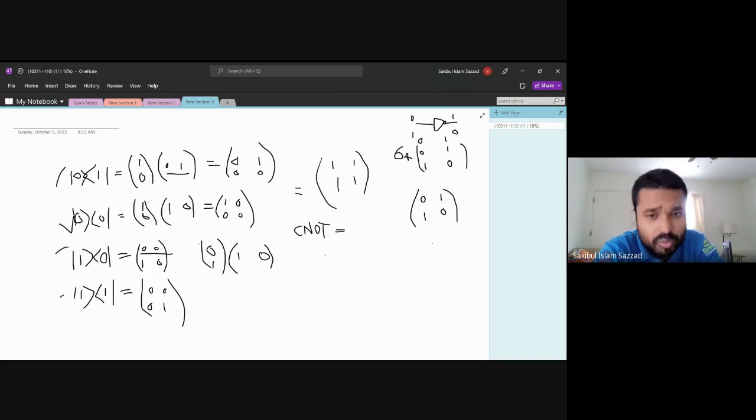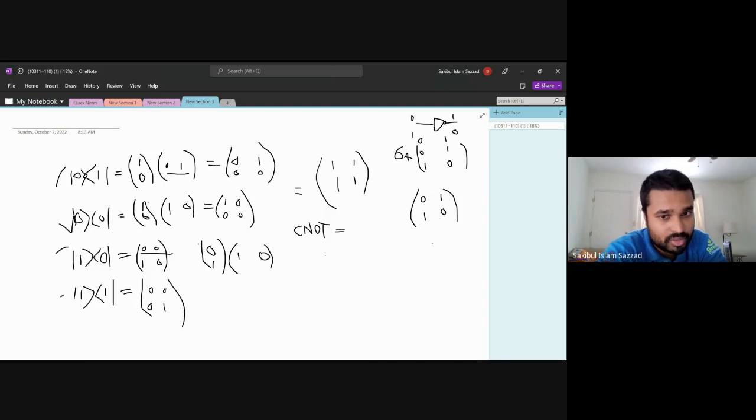And now I want to make a CNOT gate. This is a 2 qubit gate, so I need 2 qubits. The full meaning of C in CNOT is controlled NOT gate, so there is some control for the NOT gate.